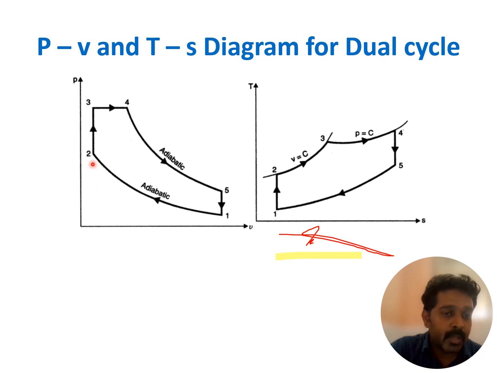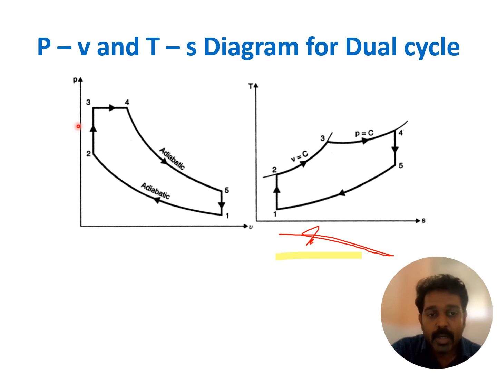Right? Then the second process is heat addition at constant volume. Here, from 2 to 3, the volume is constant, right? And the heat is supplied. This is QS1, the heat supplied at constant volume.